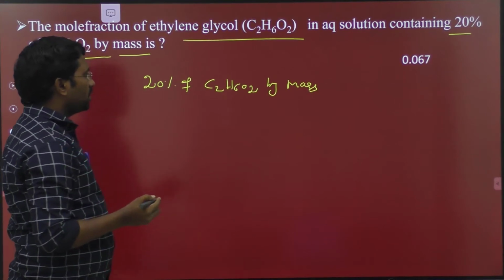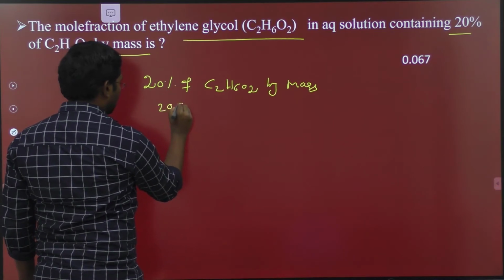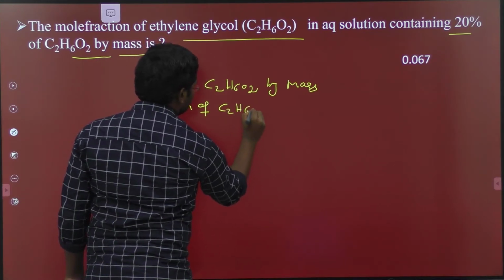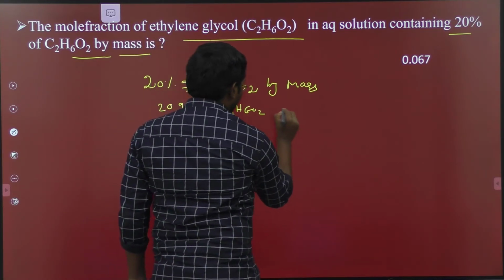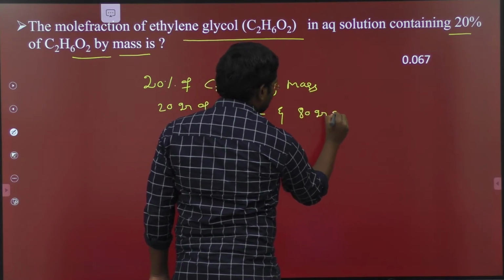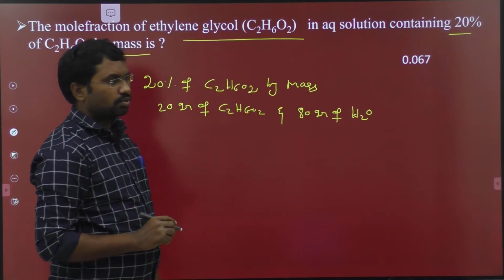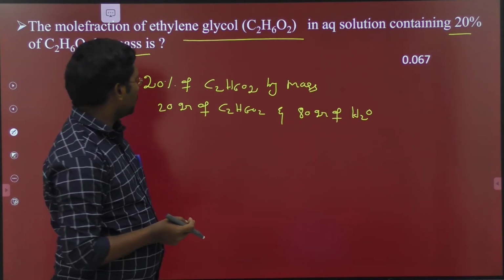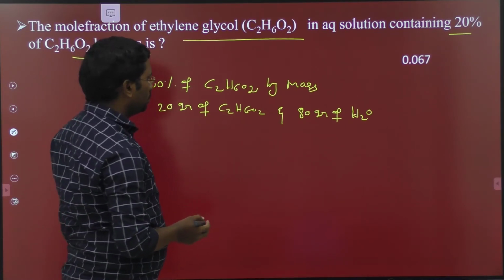So 20% of ethylene glycol by mass means the solution consisting of 20 grams of ethylene glycol, C2H6O2, and 80 grams of water, and the resultant solution mass is 100 grams. 20% means we take the mass of that solution as around 100, percentage means 100. So among the 100, 20 grams is ethylene glycol and 80 grams is water.